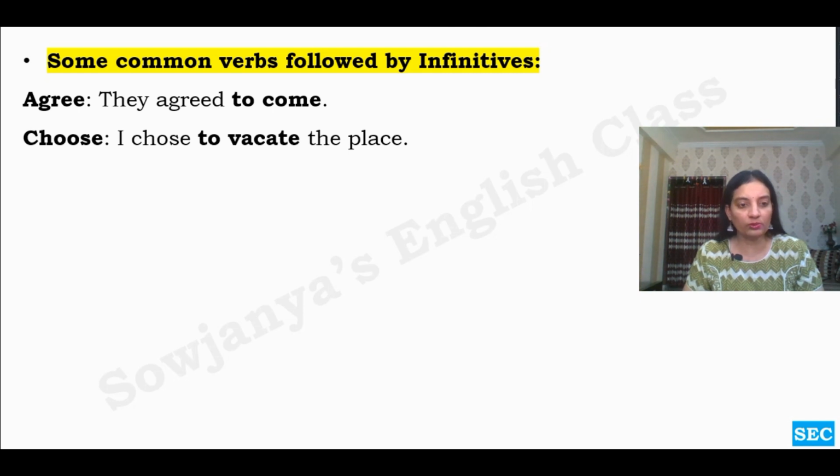And then choose. Here we can take the option of a gerund as well, but it rarely happens. Usually what happens is choose is followed by an infinitive. I chose to vacate the place. I chose vacating the place is also okay, but most of the people use infinitive after choose.